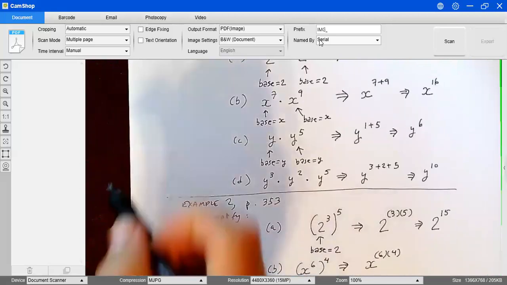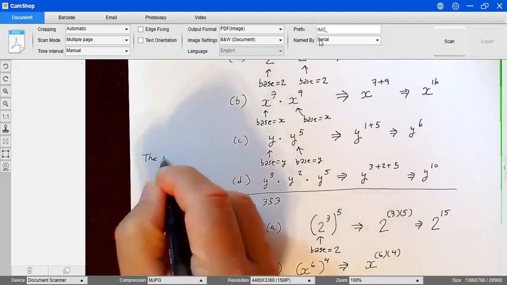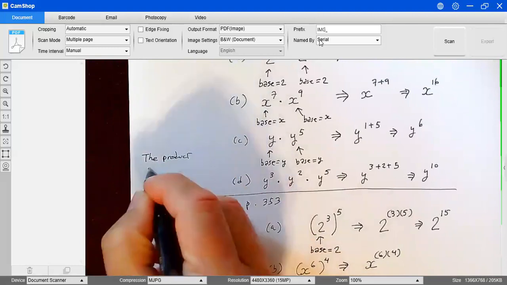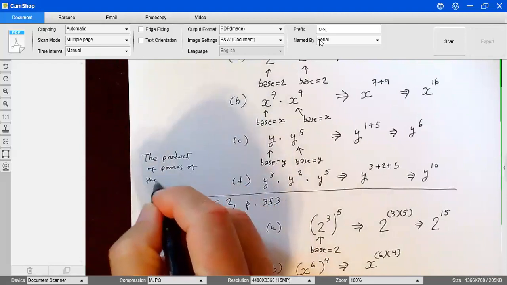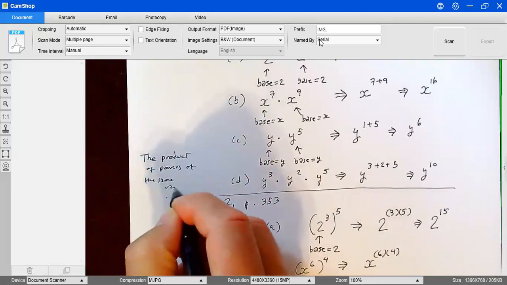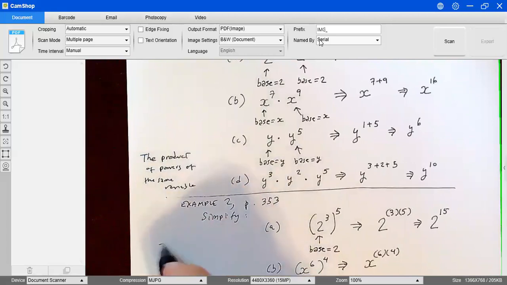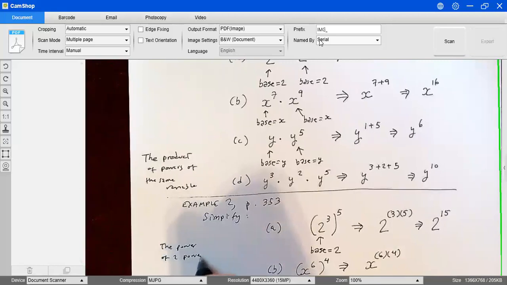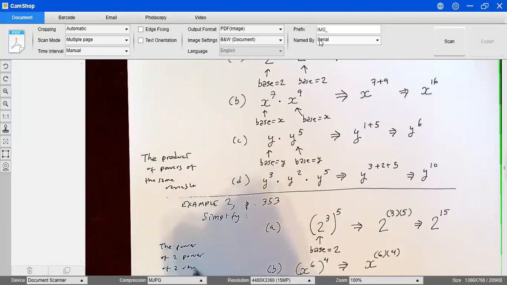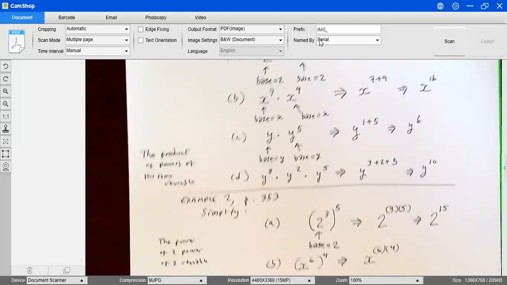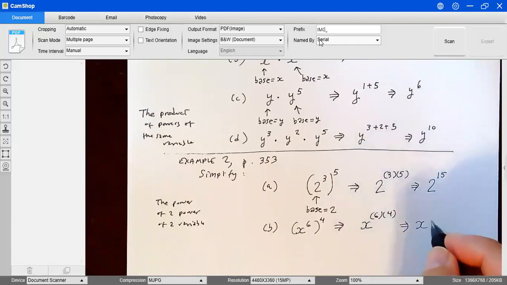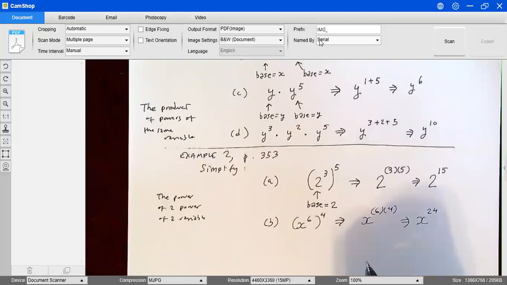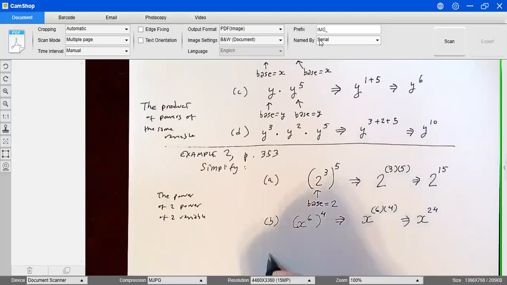So here you have the product of powers of the same variable, and here you have the power of a power of a variable. So we need to distinguish the cases. So we finish this by writing x to the 24.